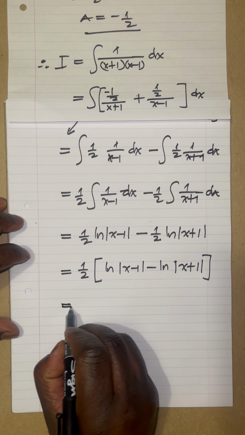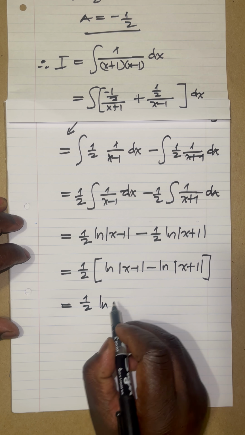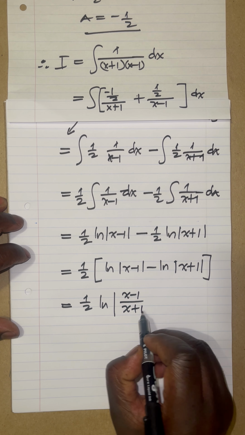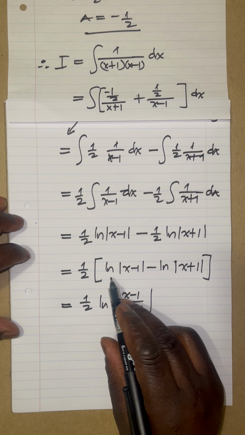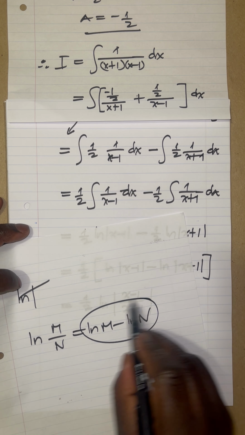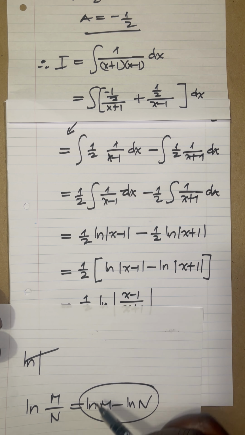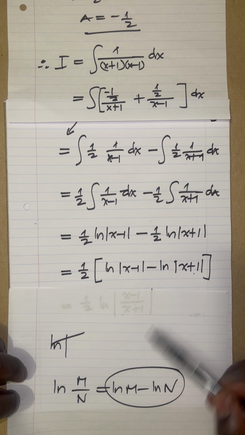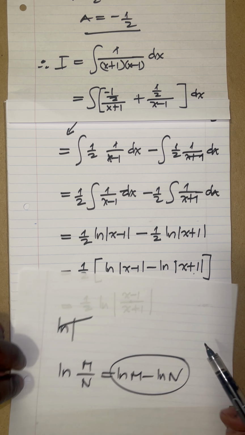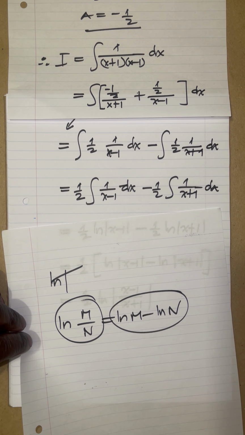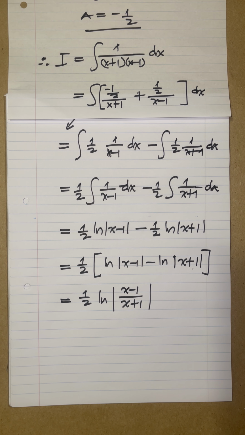Now, basically I'm saying this is the same as 1 over 2 natural log of, watch this, x minus 1 all over x plus 1. Remember, natural log of m minus natural log of n. This form here is that form there where x minus 1 is m and x plus 1 is n. So this form I have is that form that I need to get to the answer. So you can see that's why I'm dividing those two terms there.